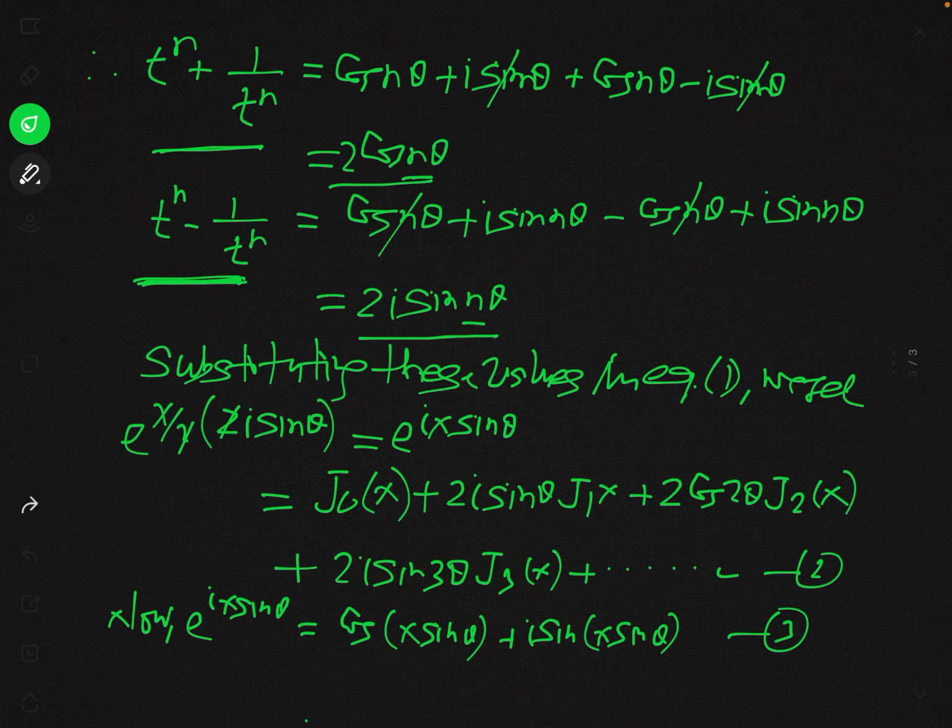Since the LHS of these two equations are the same, it is e raised to the power ix sine theta, we can compare these two equations. You know, if two complex numbers are the same, then definitely the real part of the first is equal to the real part of the second, and likewise for the imaginary parts. So now we will equate the real and imaginary parts of e raised to the power ix sine theta from equation 2 and from equation 3. So now let us equate it.